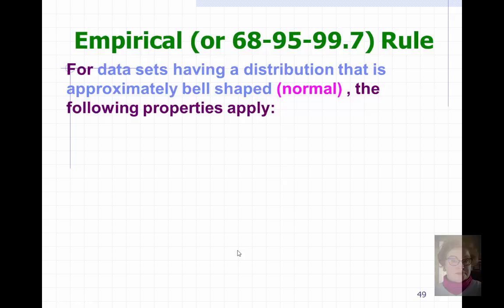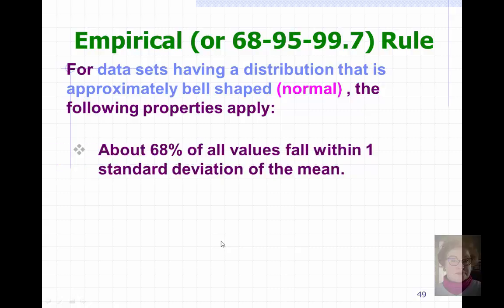Now, this is talking about the usual and unusual. So we're going to talk about an approximately bell-shaped curve, which we will call normal. And here is what is true about a normal distribution. In a normal distribution, 68% of all values fall within 1 standard deviation unit of the mean.